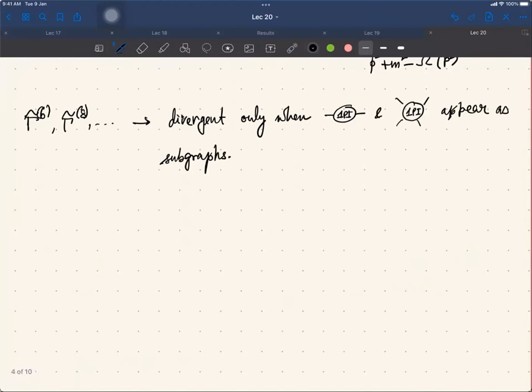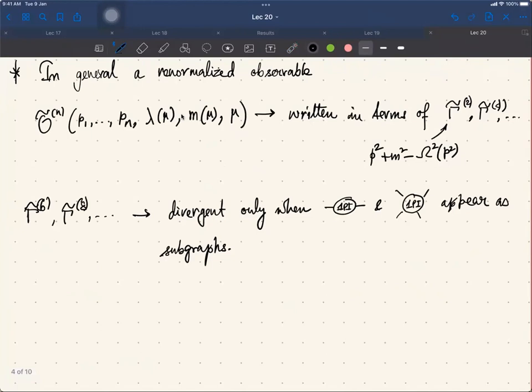And these divergences will be cured when we use the renormalized versions of gamma tilde 2 and gamma tilde 4.